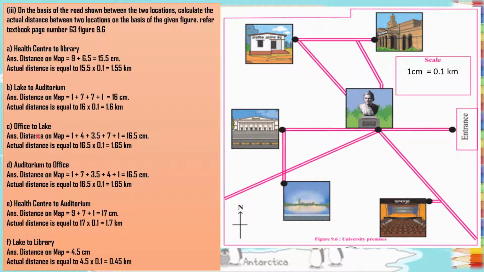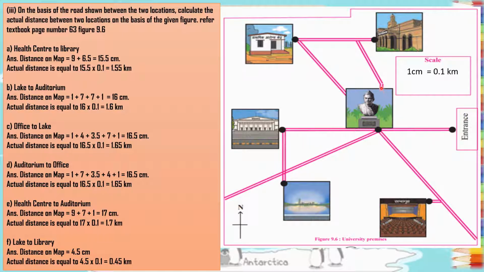Next one is office to lake. So where is office? Office is here and here is the lake. So we'll go from office to lake. First here we will measure this 1 centimeter, then from here to here that is 4 centimeter, and from here you can see the cutting of the road.